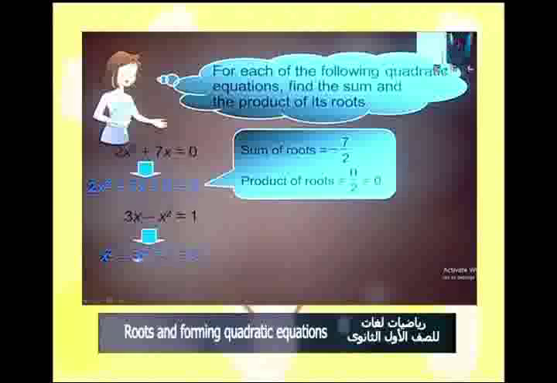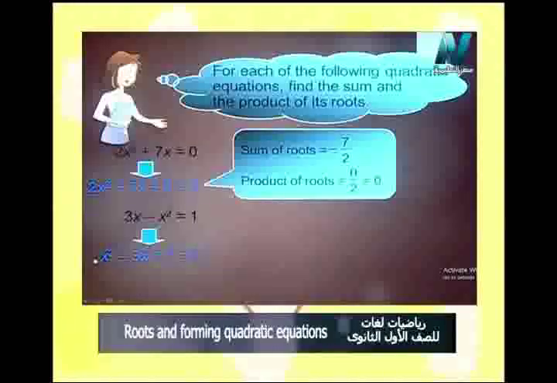So it will be negative x power 2 plus 3x minus 1. We multiplied them by negative 1, so the answer will be x power 2 minus 3x plus 1 equals 0.